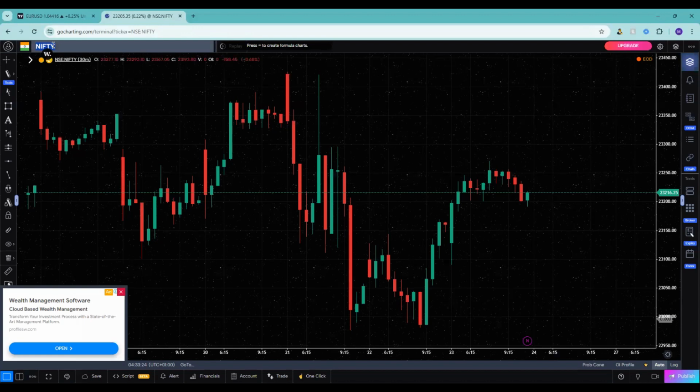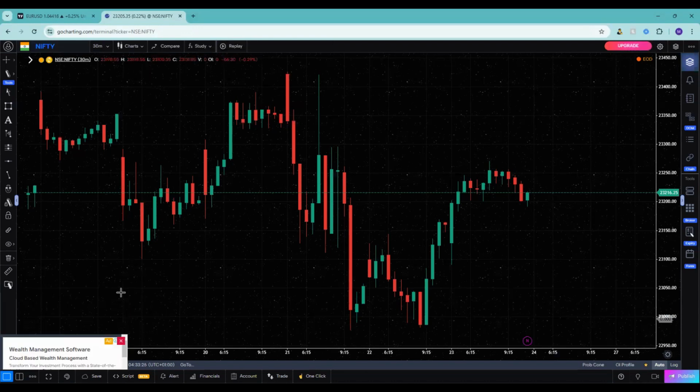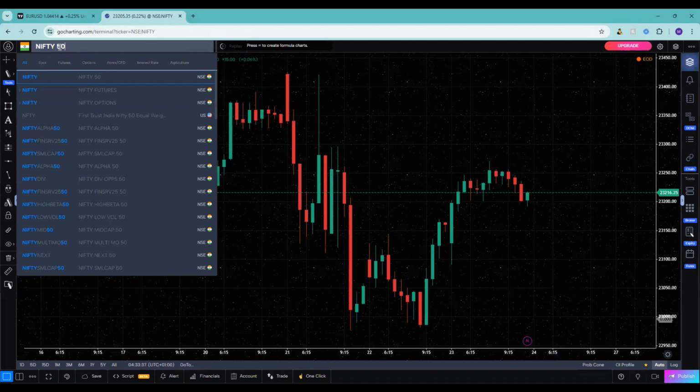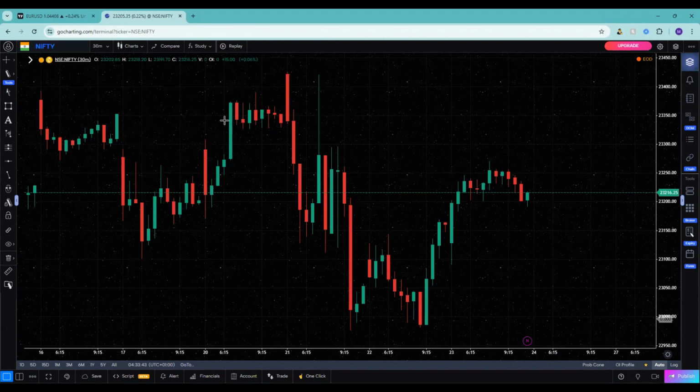Let's look at an example. Oh, Nifty 50. Don't they call it Nifty 50? I don't know of that. Okay, I've seen Nifty 50 here. I think that's the chart we are on. Maybe that's the same thing.